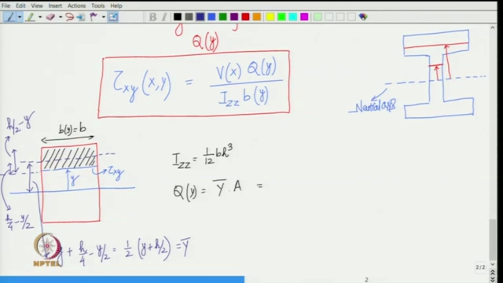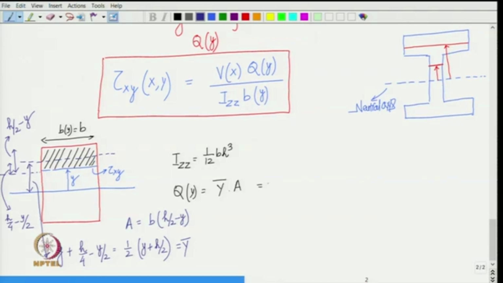What about the area itself? So, the area A is simply base into height, because it is a rectangular shaded area. So, that is B times the height, which is h by 2 minus y, right.